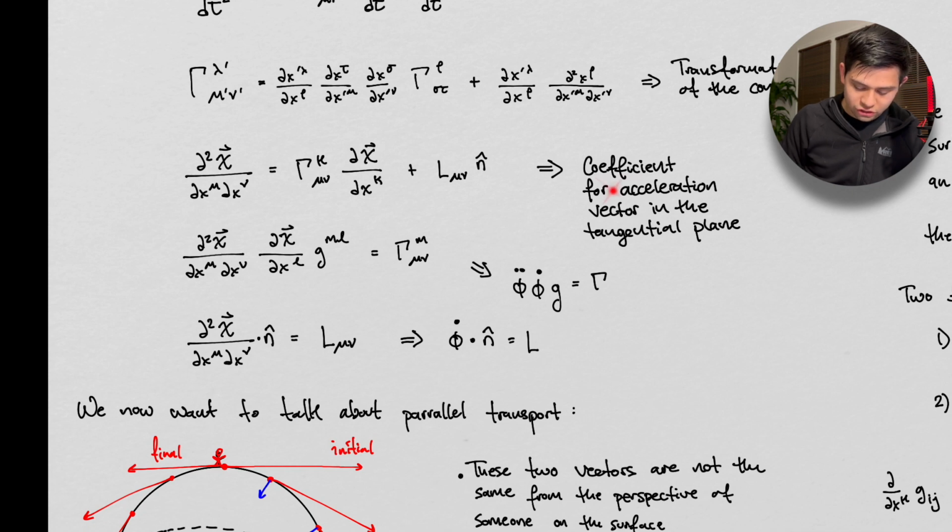For the acceleration vector in the tangential plane, we were able to show that the connection gave the coefficients if the basis vectors looked like this. So this is our acceleration vector.